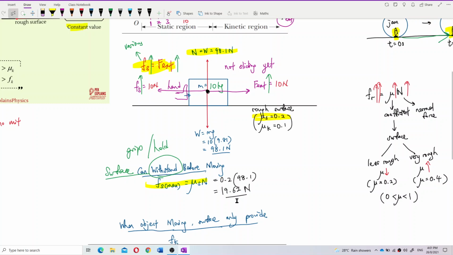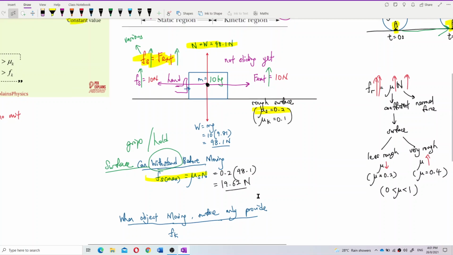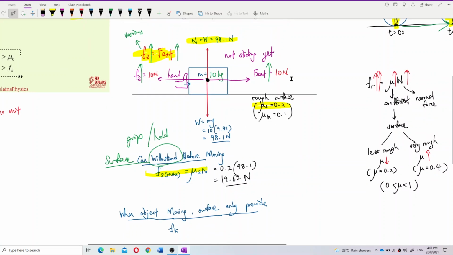It can tolerate up to 19.62. So if your external force is over the maximum static friction, then the object will start to slide.